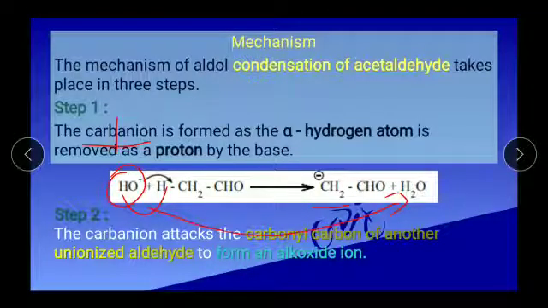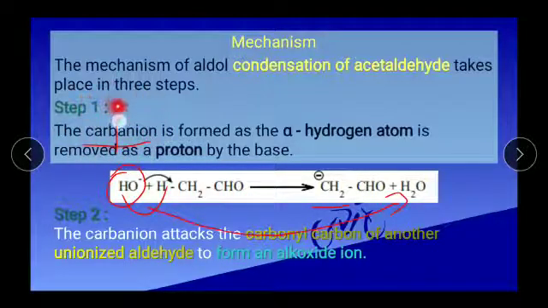In step 2, this carbanion attacks the carbonyl carbon of another unionized aldehyde. We already know that in this reaction we are taking 2 molecules. In the first molecule there is a formation of carbanion.